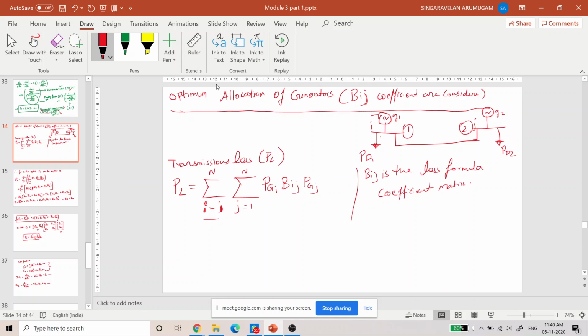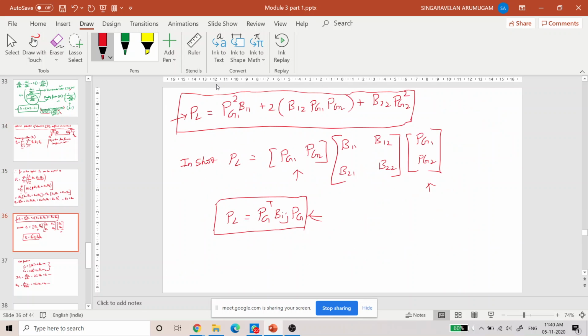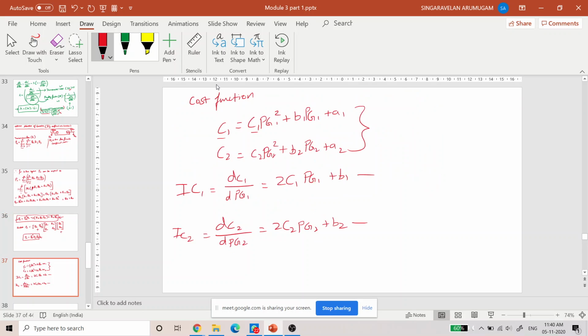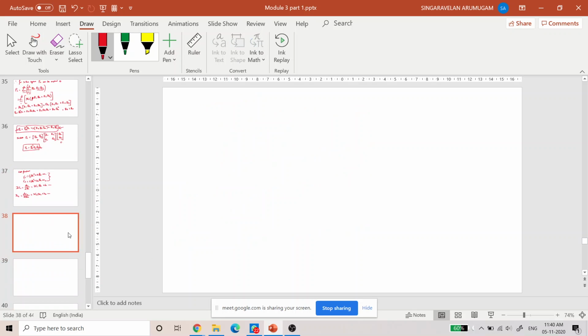So where is the loss equation here? The loss equation is here. If you differentiate this equation with respect to the generator, that I will call the incremental transmission loss.